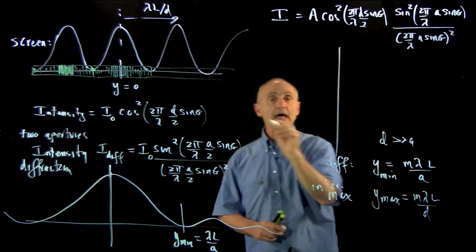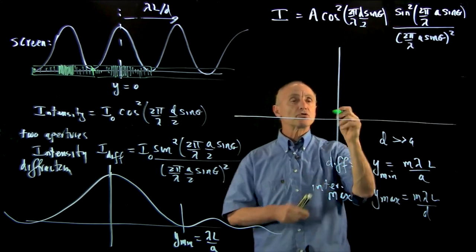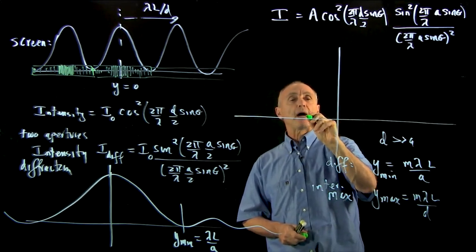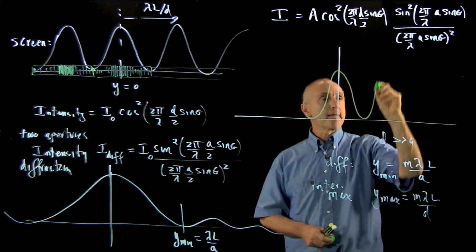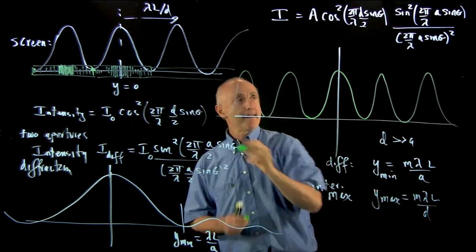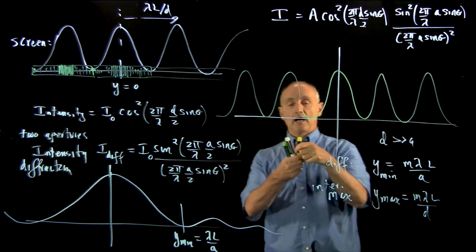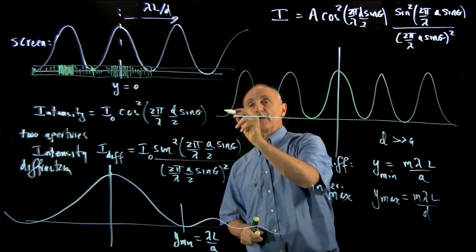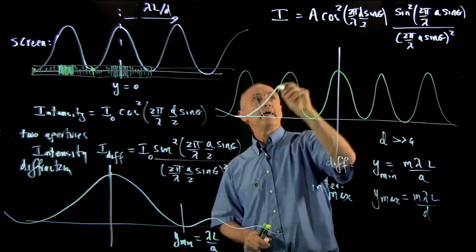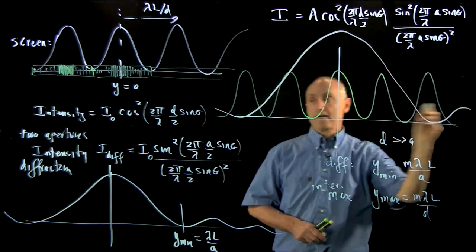Now, if we draw that out, one way to think about it is first just draw the interference pattern. So we have this cosine squared function. And now draw the diffraction envelope. I'll try to draw that something like this. So here's our first diffraction minimum, and the envelope goes like that.